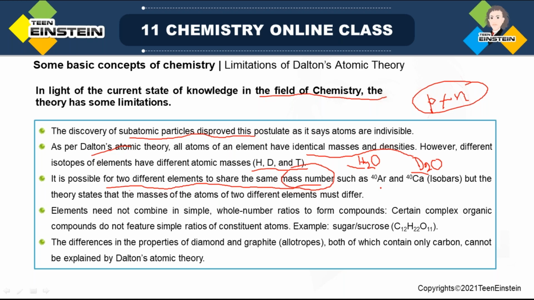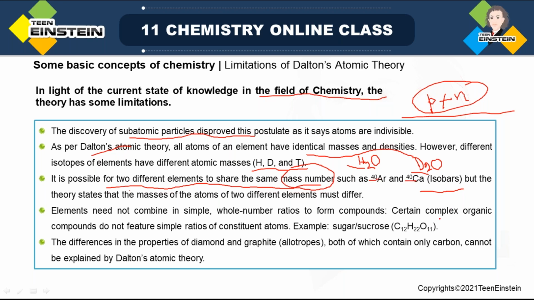Now it may be that for two different elements, this p plus n value is the same. Individually the proton and neutron numbers are not the same, but when you add them, the summation is the same for two different elements. When this happens, we say these two are related by the term isobar. The definition of isotope is the same atomic number, right? But in this case, the definition is that the mass number is the same.